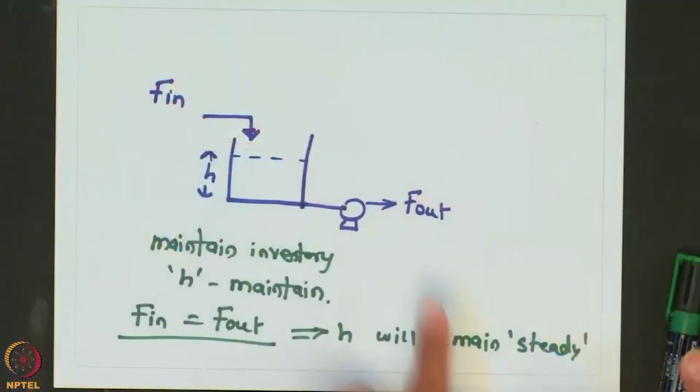Typically if you want to maintain a particular height in this tank, then you have to take certain action. The control system has to ensure that to maintain the height, it has to somehow change the outlet flow rate such that it becomes equal to the inlet flow rate. Let me explain that using a small simulation.